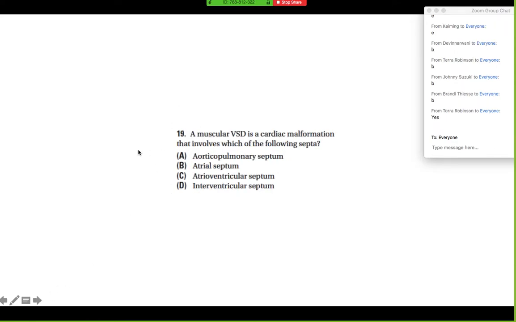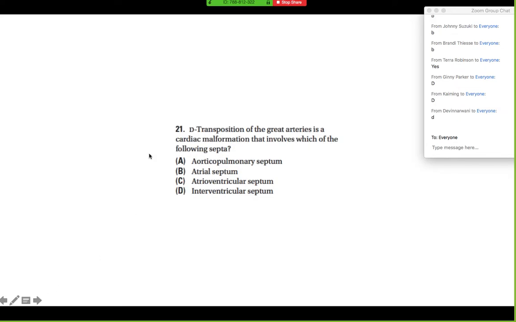Okay. A muscular VSD is a cardiac malformation that involves which of the following septa? Yes. Good job, you guys. Interventricular septum. All right.